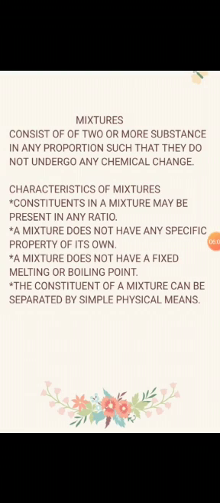So a mixture does not have a fixed melting or boiling point. The constituents of a mixture can be separated by simple physical means. What those physical means can be, we will study during this chapter.